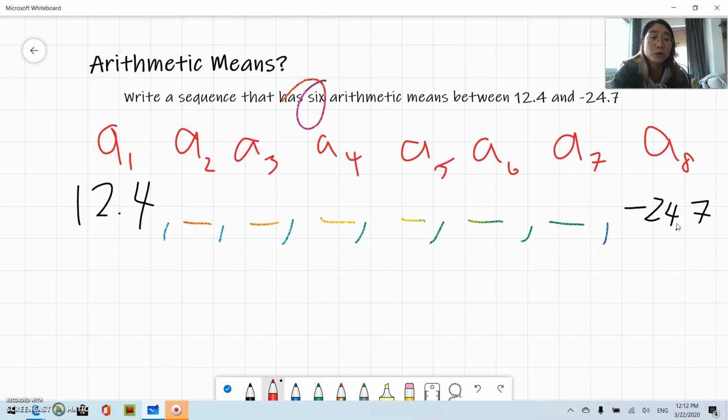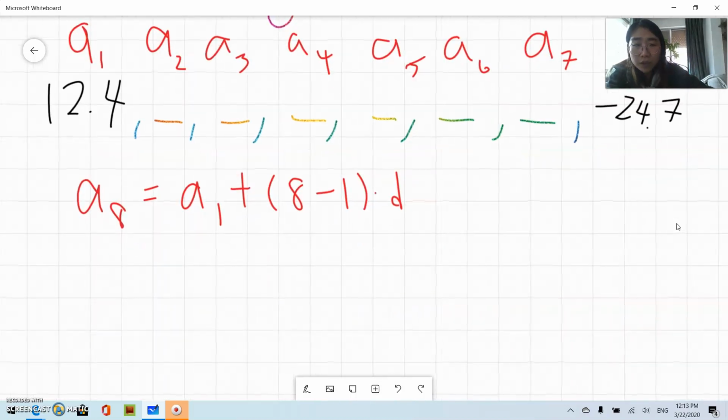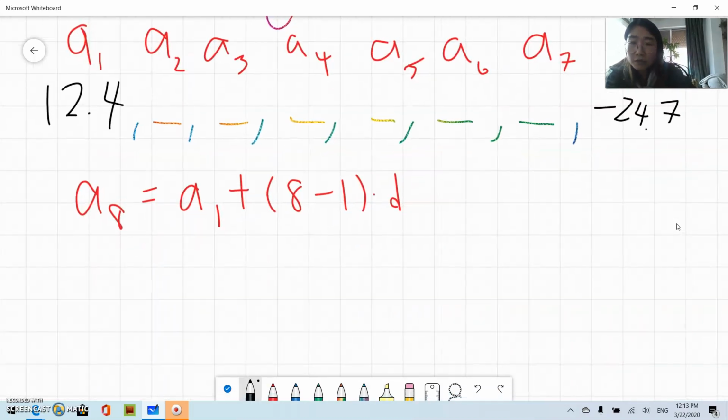So negative 24.7 is the 8th term, meaning I can use the formula that looks something like this: plus 8 minus 1 times d. But we don't know what d is, right? But since we know all the other numbers, we can just plug it in and see what d is. Then we can find A2 through A7. Easy. Let's plug it in.